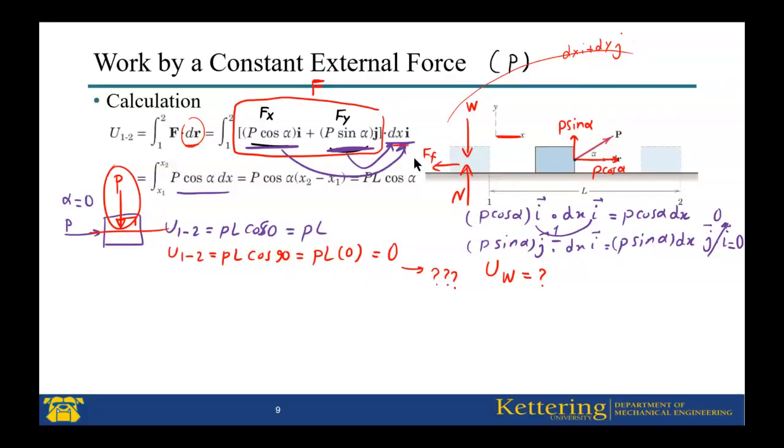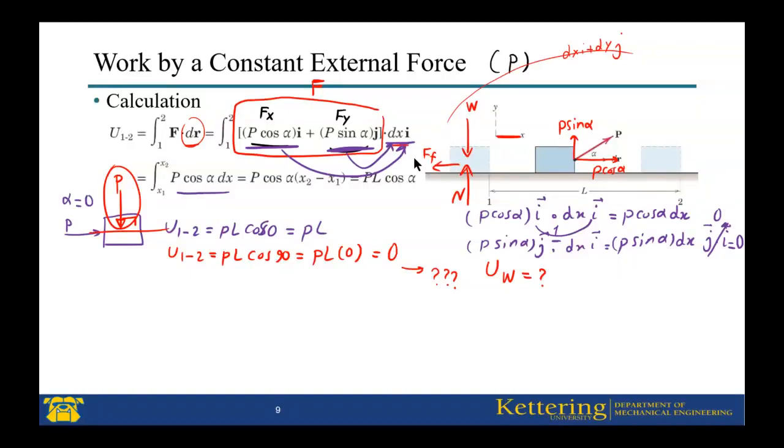Why? Because the normal force is not cancelling out the weight in every condition. The normal force is not equal to the weight for this condition. For example, if I apply a force P, they are not equal. Only when nothing is applied in this direction and something is just staying, the normal force equals the weight.